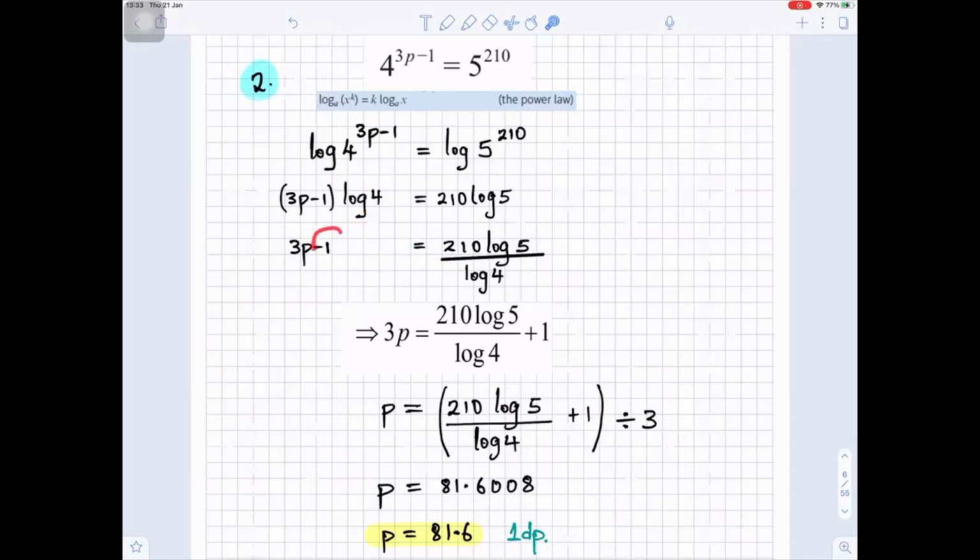Now it is minus 1 on the left, we take it to the right, it becomes plus 1. So 3p equals 210 log 5 over log 4 plus 1. It's times 3p, so we take the times 3 to the right and it becomes divide by 3. And you would put all of that in your calculator to get the answer.